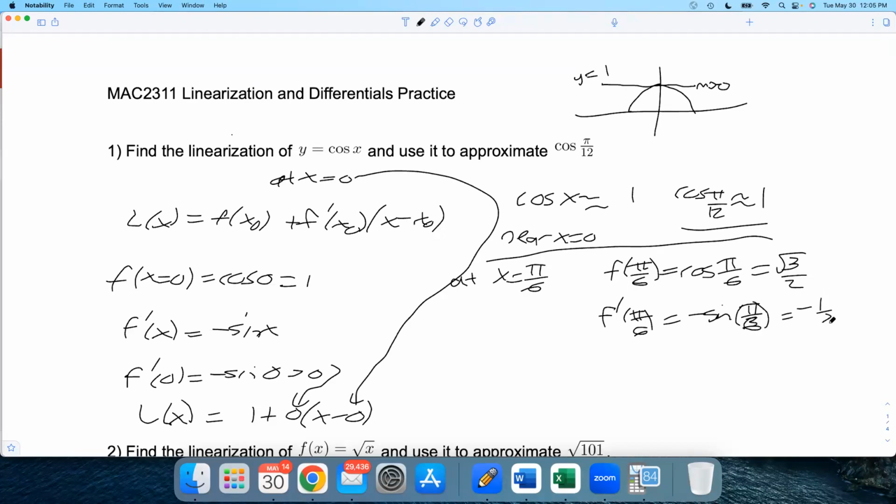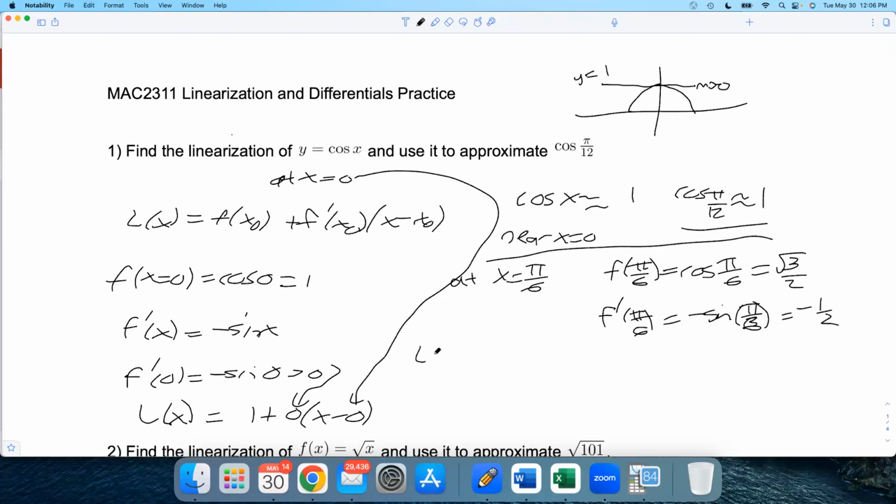That'll be negative 1/2. So this says cosine of pi over 12 is approximately equal to cosine at my original... All right, let me write out the linearization first. I think this will be clear.